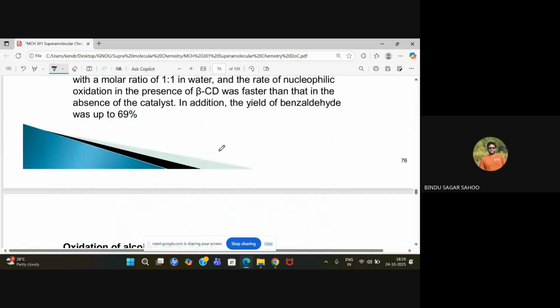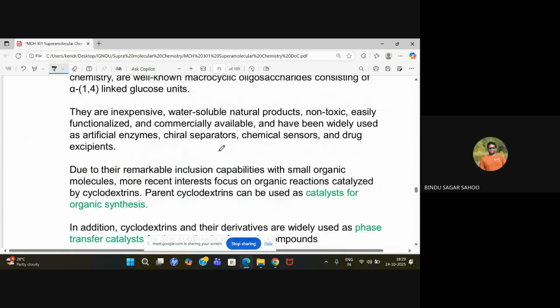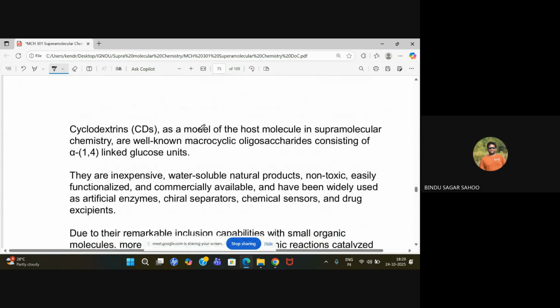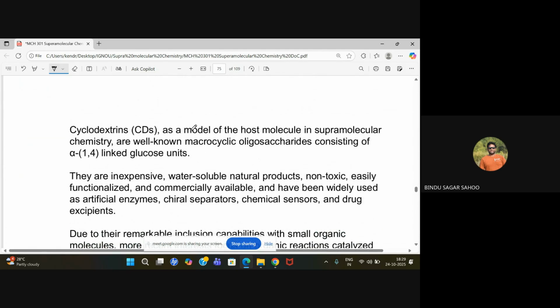The beauty of beta cyclodextrin is that it is inexpensive, water soluble, and non-toxic. It is easily available commercially, and it has many applications. That's why cyclodextrins are much more popular than the cryptands or crown ethers.